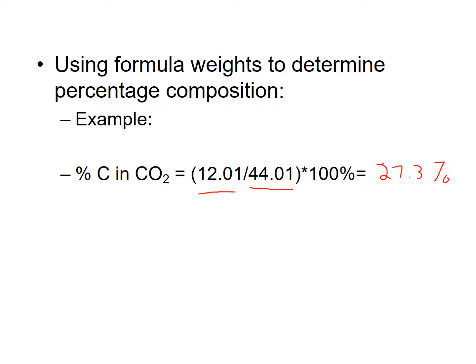If I want to calculate the percentage of oxygen, I see that of that 44.01, it's 2 times 16. 16 is the mass of one oxygen atom. There are 2 of them. I get 32.